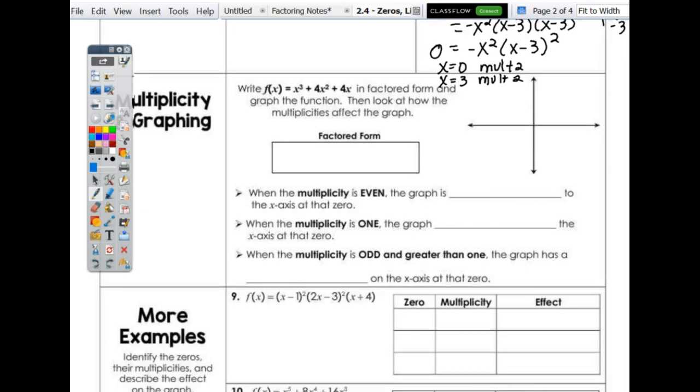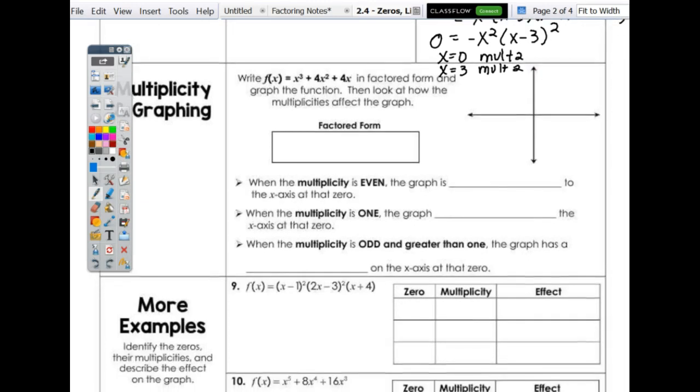So if we look at the next one, it wants to look at the factored form. So if I have f of x and I take out the x, so the factored form is x times x plus 2 squared.